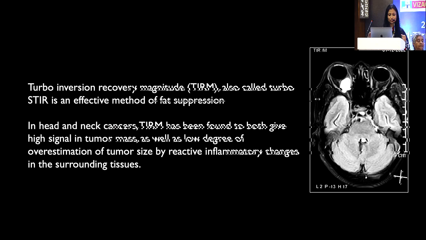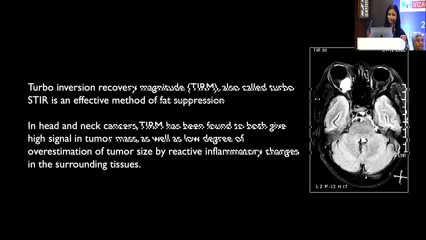Another thing: you can see it's written TIRM at the left corner of this orbital MRI picture. What does it mean? It means turbo inversion recovery magnitude. It is also called turbo STIR, and it is an effective method of fat suppression.